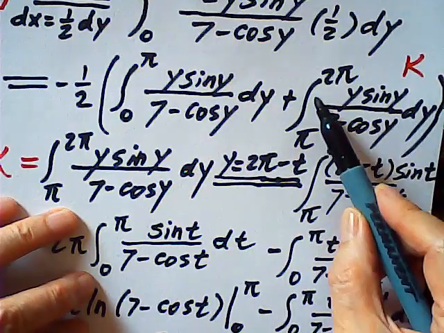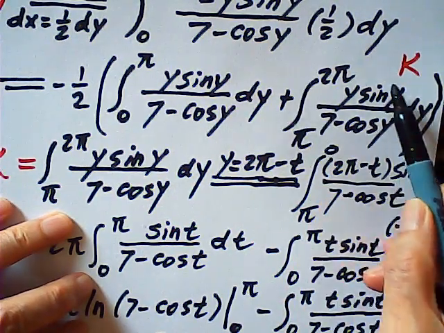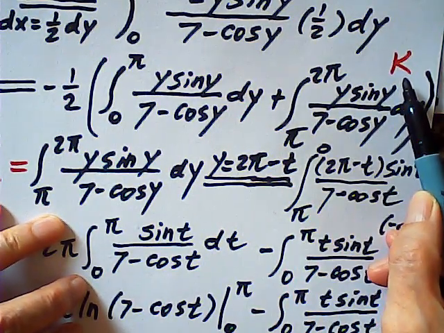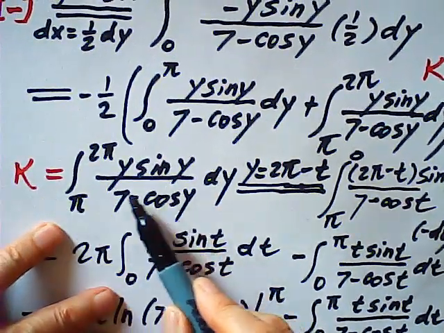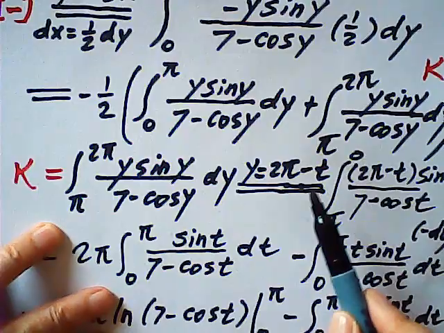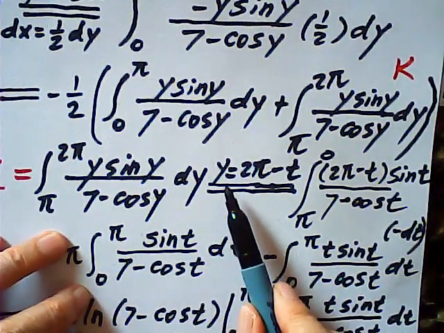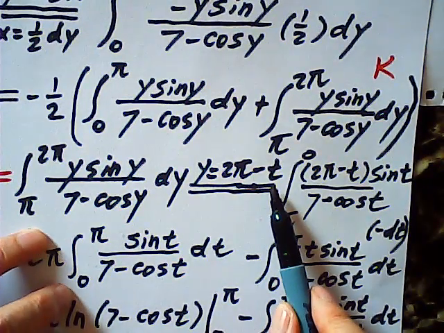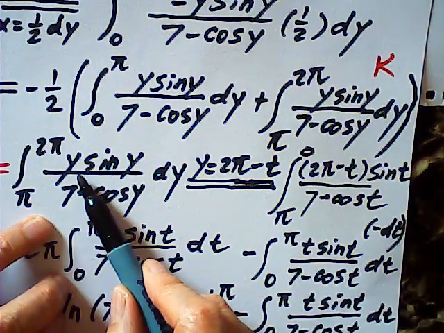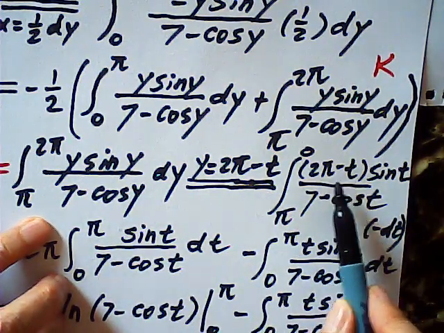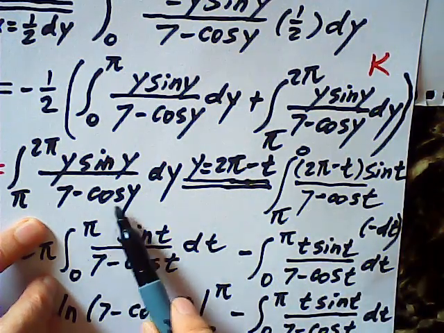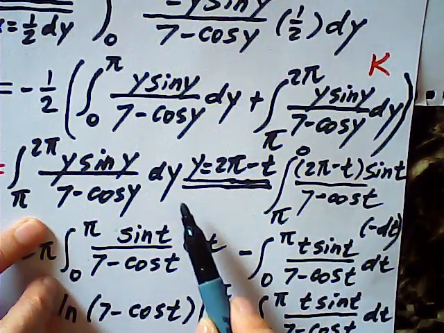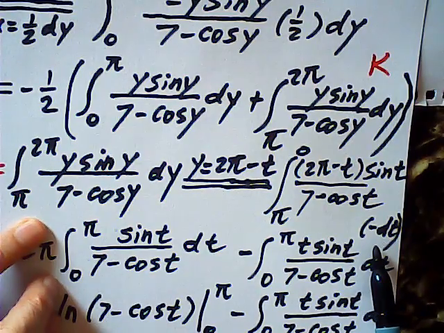Here I'm considering this integral as K. Then I discuss K. K is this one, and I let y be 2 pi minus t. So y becomes 2 pi minus t. Sine y will be sine t, and cosine y is cosine t, and dy is negative dt.